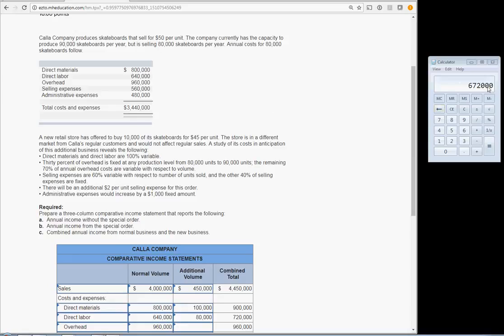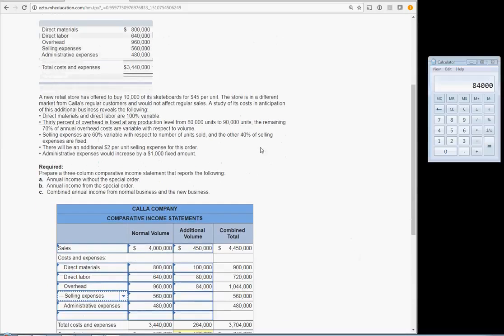So if 672,000 is the variable piece at 80,000 units, I divide that by the 80,000 to get my per unit variable cost for overhead of $8.40. Because the new order is 10,000 units, I multiply the $8.40 by the 10,000, and I get $84,000 for overhead.